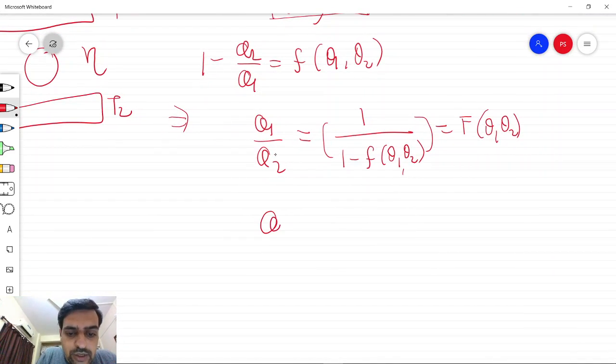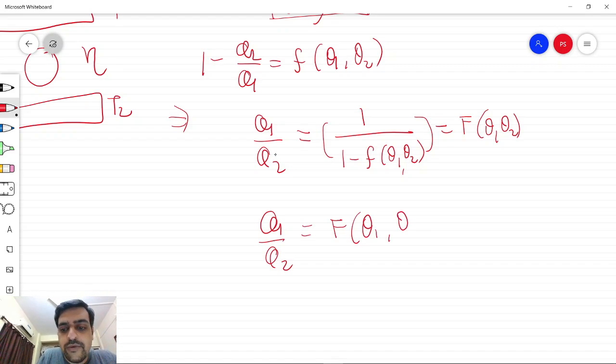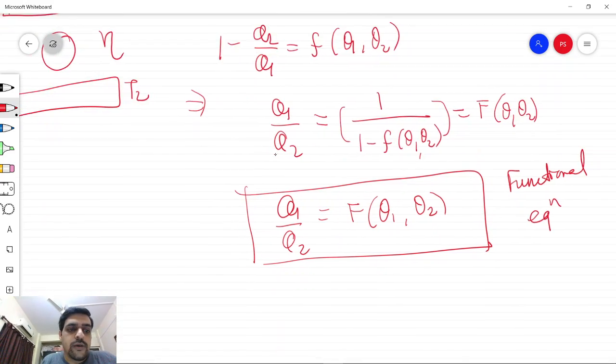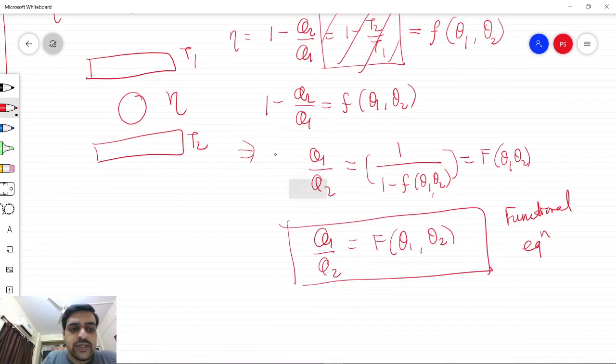So this Q1 by Q2 is some function of theta 1 theta 2. This is a functional equation. Now this is true for the first engine.